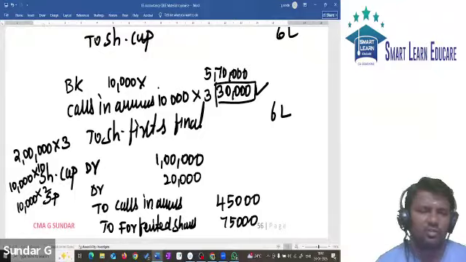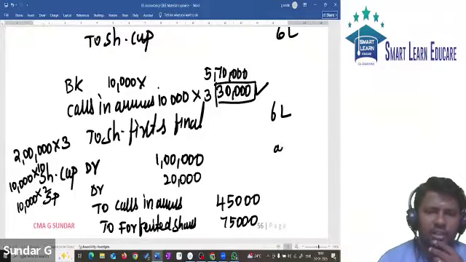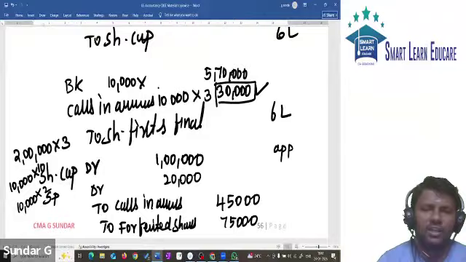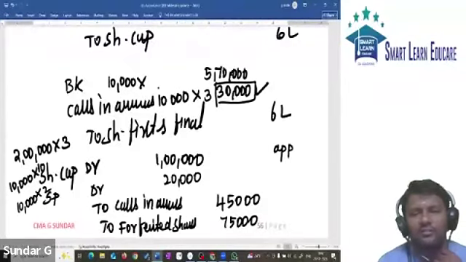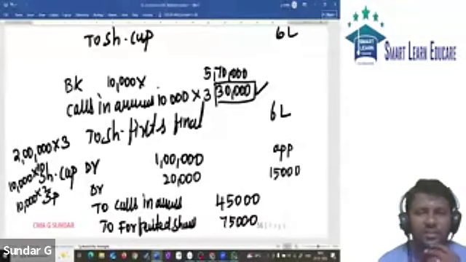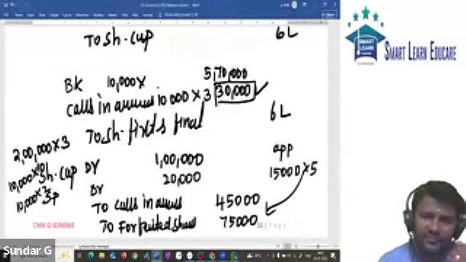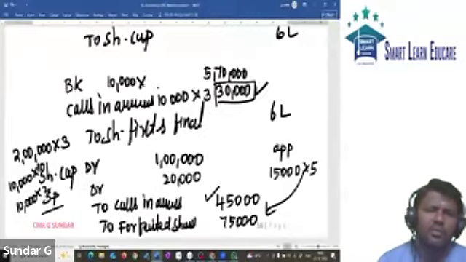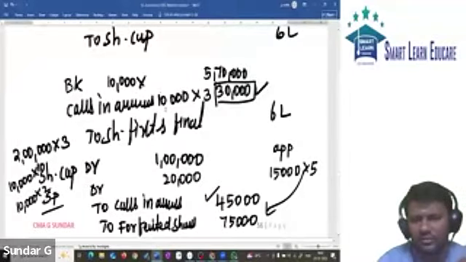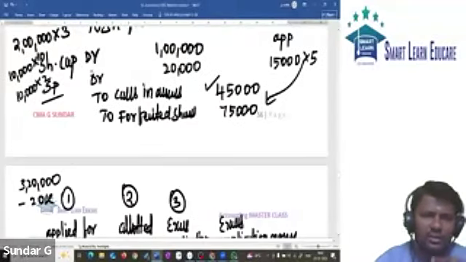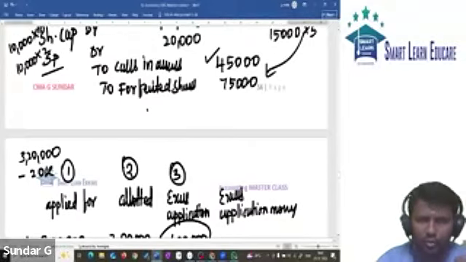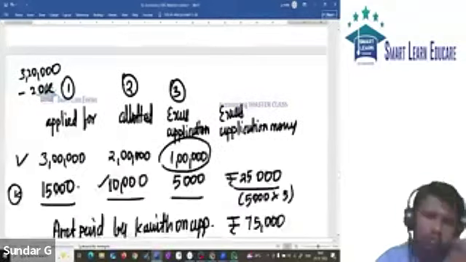Actually, what is this 75,000? This person paid application money. For how many shares did he pay application money? For 15,000 shares he paid application money, 5 rupees he paid. So 15,000 into 5, that is the amount. Calls in arrears, no change. Securities premium was there, so securities premium is 2 rupees and that also should be taken. That's it. Okay, so the entry is share capital account debit, securities premium to calls in arrear, to forfeited shares.